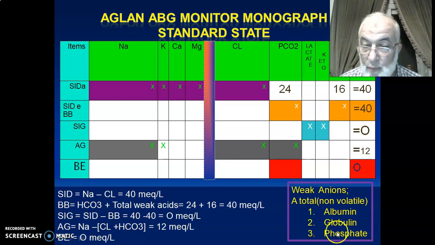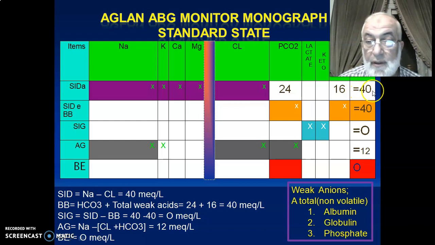These weak acids are anions, and their charges equal 16 milliequivalents per liter. So the strong ion difference, sodium minus chloride, will equal the total weak acid 16 plus bicarbonate 24 equals 40. When it is 40, this is neutral.